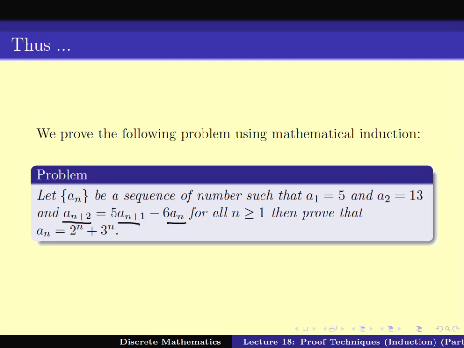So we have seen a few of the induction versions of this mathematical induction. While this is just a finite collection of them, one can come up with a lot of other variants of the induction hypothesis.